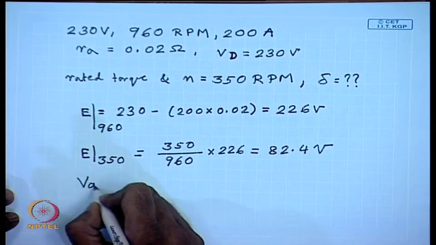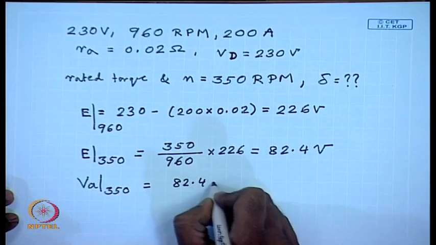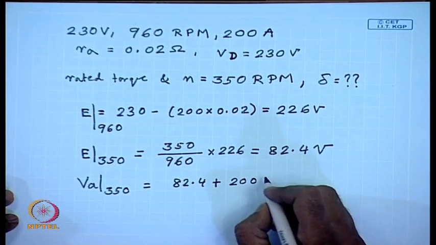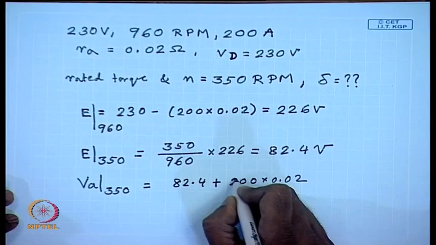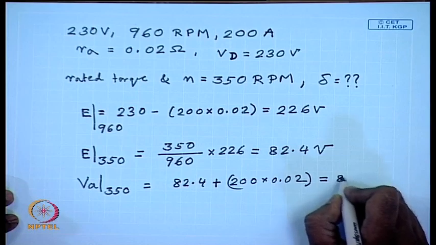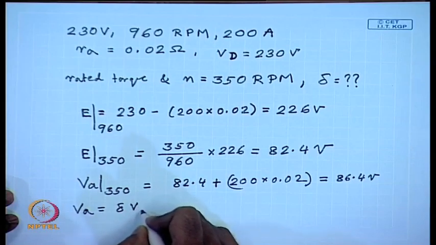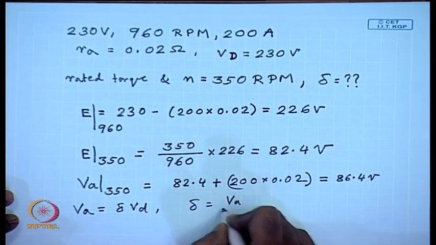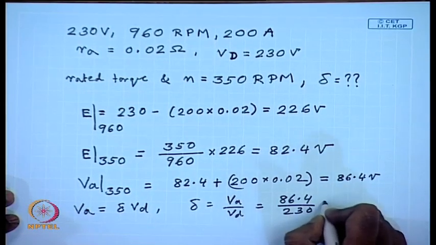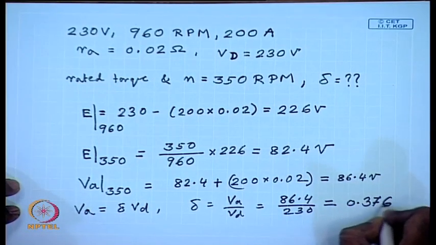So, VA at 350 RPM and rated torque will be 82.4 plus, at rated torque the current is also rated, so 200 into 0.02, this comes to 86.4 volt. We know VA equal to delta VD or delta equal to VA by VD equal to 86.4 by 230. So, this delta will be 0.376.